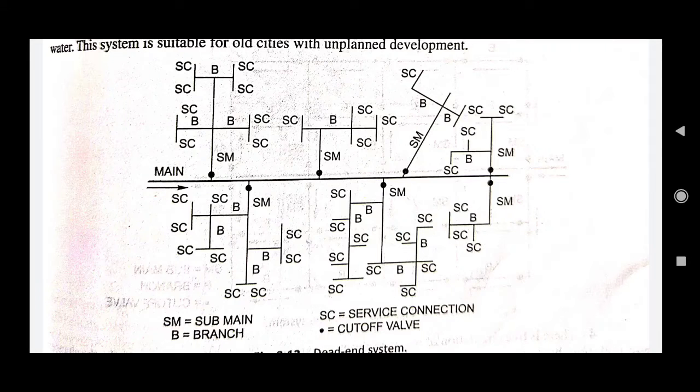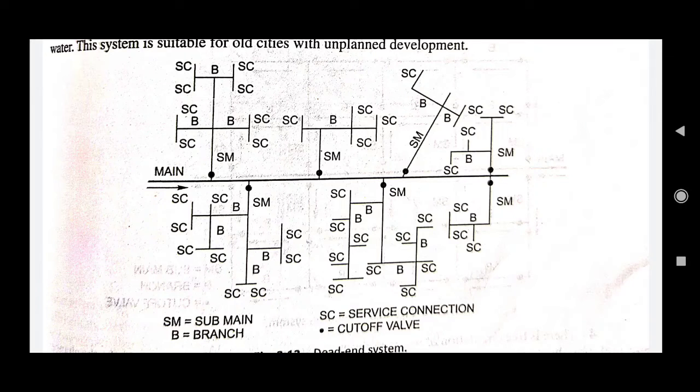So what we have is a number of dead end connections, right? So what is a dead end connection? That means that the water supply pipelines are not interconnected. As you can easily see in the figure, neither the service connections nor the branches, no line is connected to each other, right? So in this system there are a lot of dead ends.